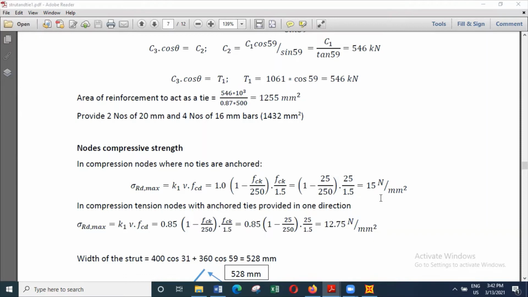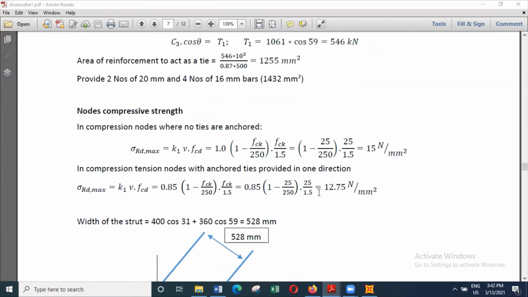At a CCC node, you get a strength of 15. Whereas at the bottom node, where you get compression and tension, you get 0.85 times this value, and that gives 12.75 megapascal.